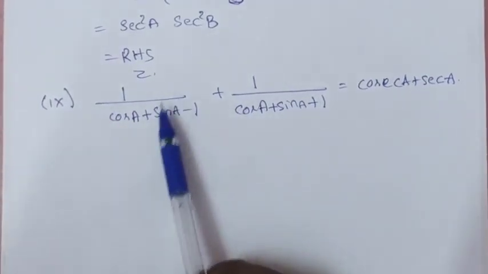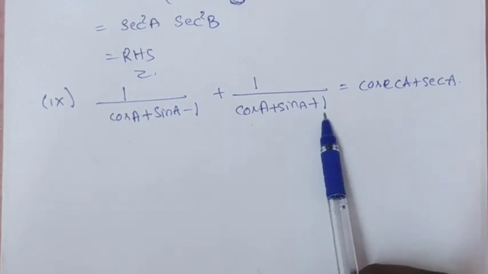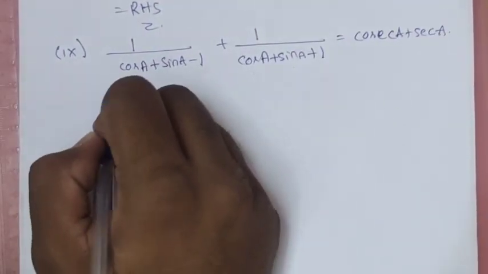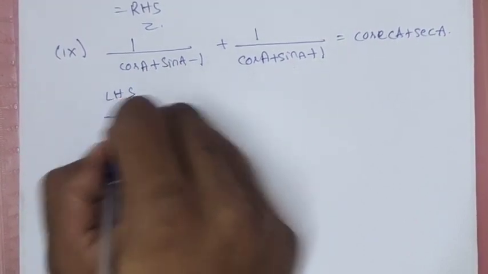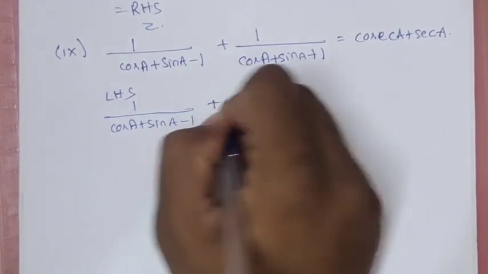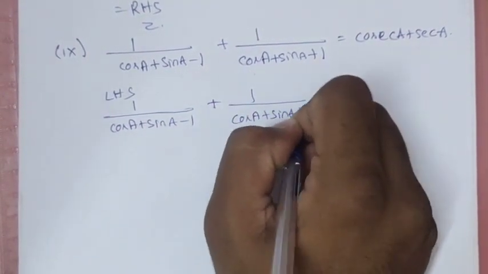Number 9. So 1 divided by cos a plus sin a minus 1, plus 1 divided by cos a plus sin a plus 1, should be shown as cosecant a plus secant a. So now I am considering the LHS. 1 divided by cos a plus sin a minus 1 plus 1 divided by cos a plus sin a plus 1.